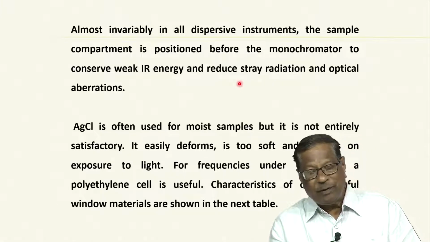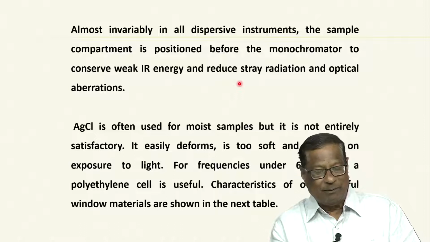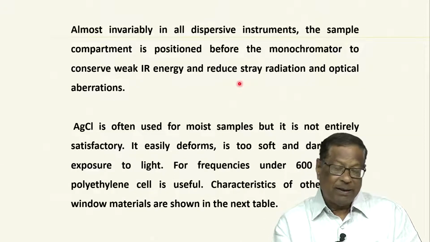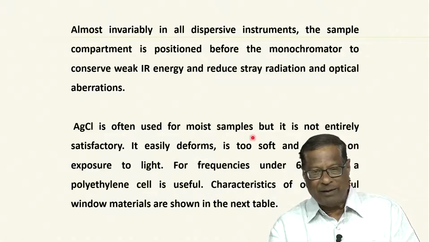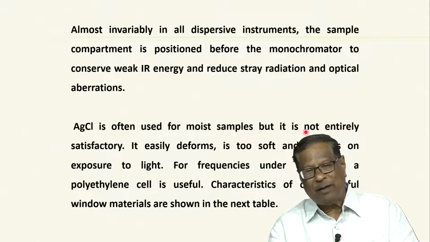Quite often we do use silver chloride as a window material. I think you are all familiar with silver chloride, because silver chloride is a precipitate generally obtained in the first group analysis of chemicals.